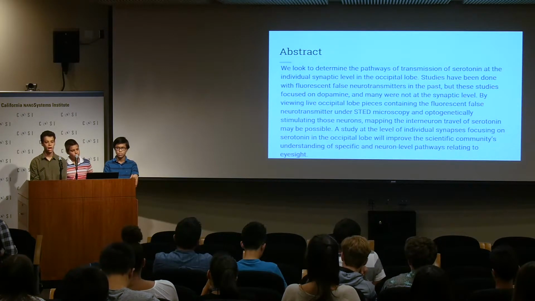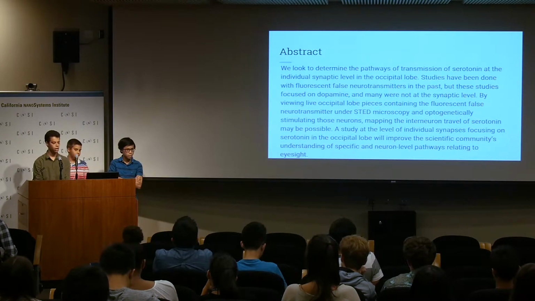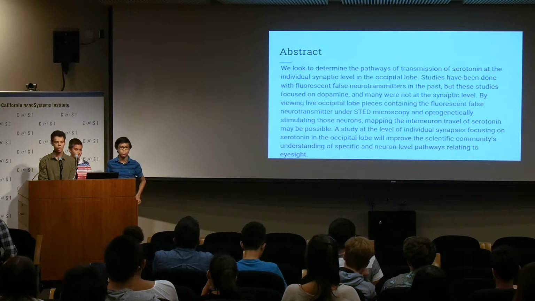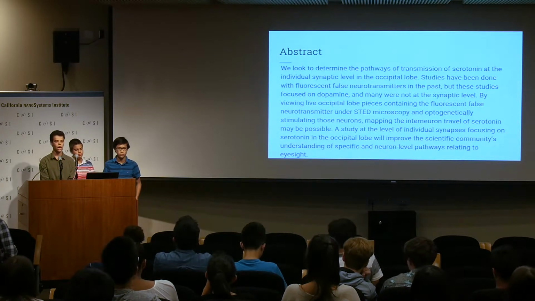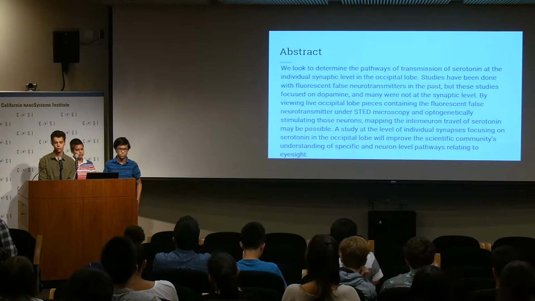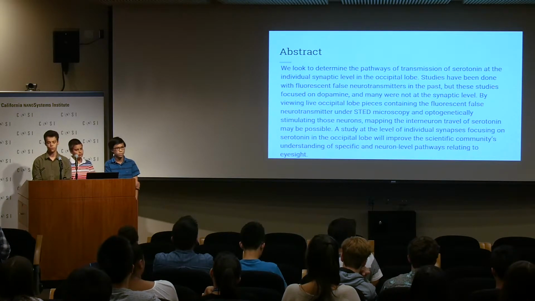We will explore using fluorescent false neurotransmitters to map neural connections. So we look to determine the synaptic level neural transmissions of serotonin in the brain, especially in the occipital lobe. To do that, we will take live brain tissue cultures, and we will use a fluorescent false neurotransmitter, which is a fluorescent dye that mimics the structure of a neurotransmitter.